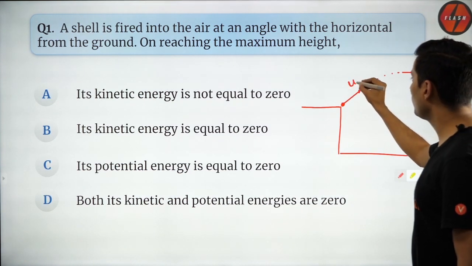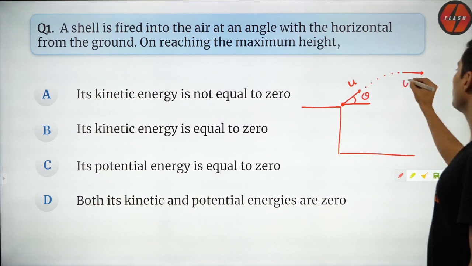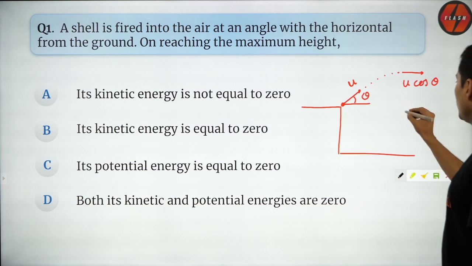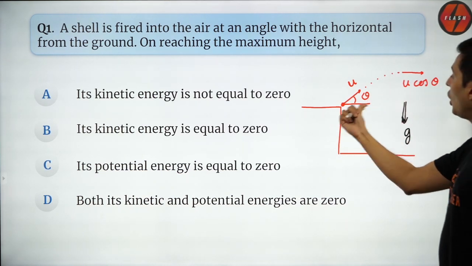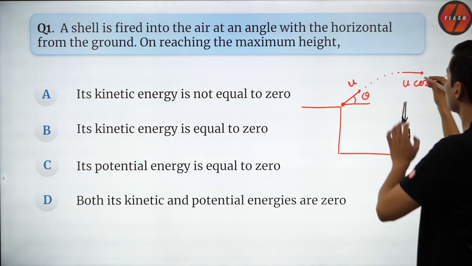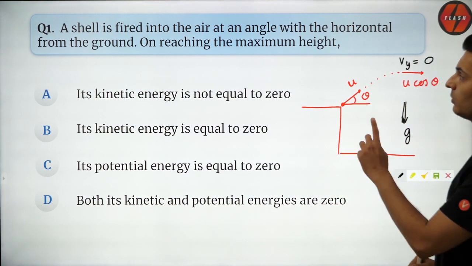If this velocity was u and this angle was theta, then this velocity is always u cos theta, because acceleration due to gravity is downwards. It cannot affect the horizontal component of the velocity, so that velocity always stays. It's only the vertical component that becomes zero, the y component.